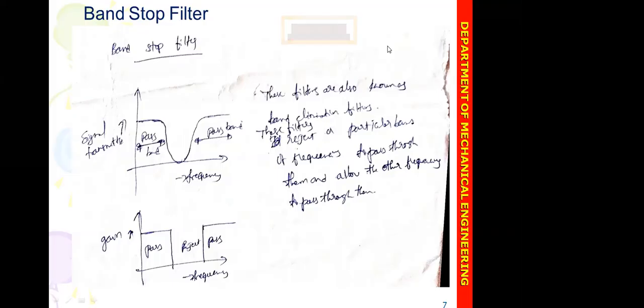Band pass filter allows only a certain specified band of frequencies to pass, and the other remaining frequencies are eliminated. In the band stop filter, only a certain specified band of frequencies from a signal is stopped or rejected, and the other remaining frequencies are transmitted. That is called band stop. So in the examination, you have to draw these figures clearly.